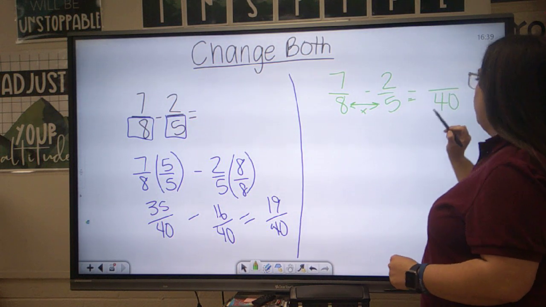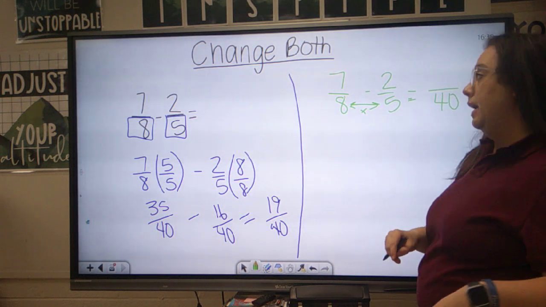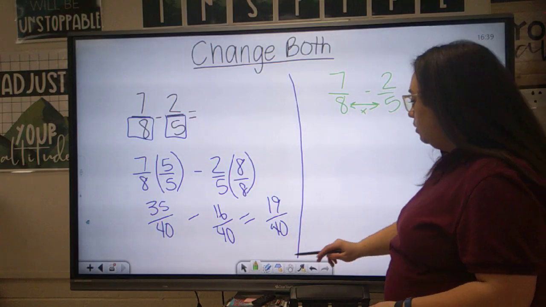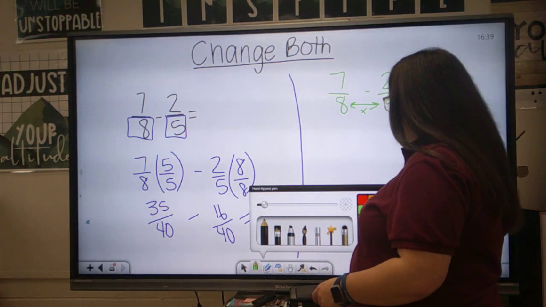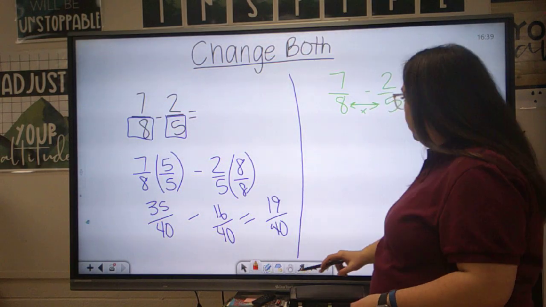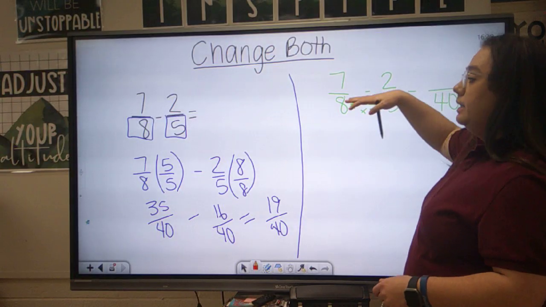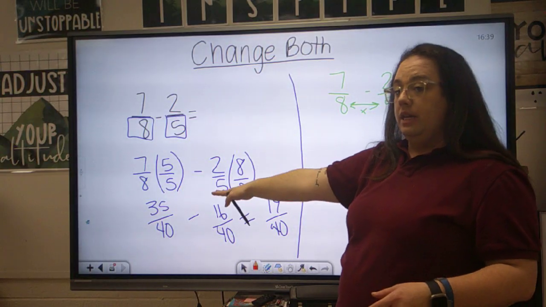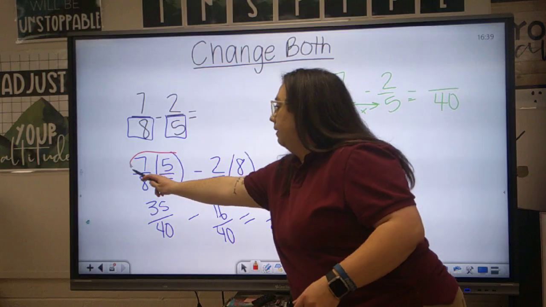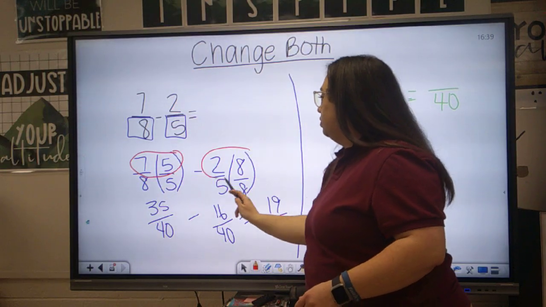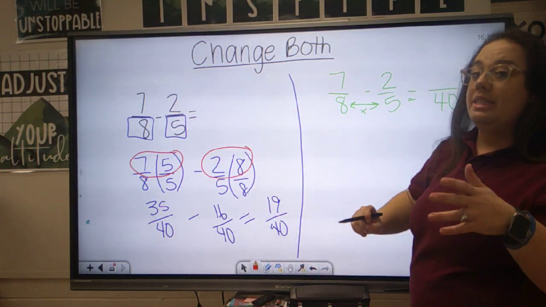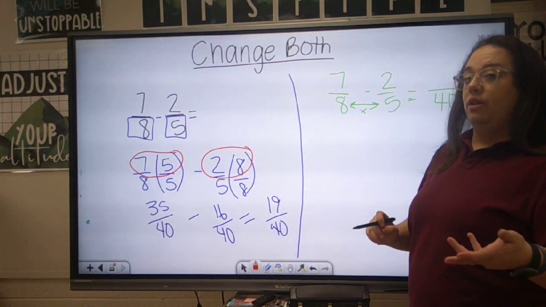So now my denominator is going to be 40. Whenever I go to multiply, however, to get my new numerators, typically in this strategy, I'm going to multiply 7 and 5, and I'm going to multiply 2 and 8. This commonly is called the butterfly method.